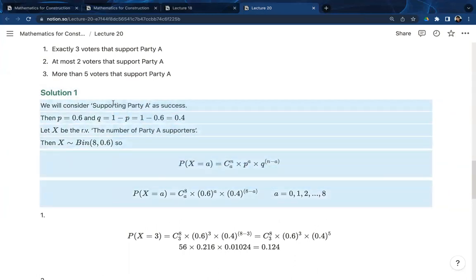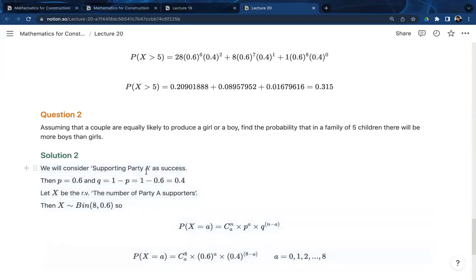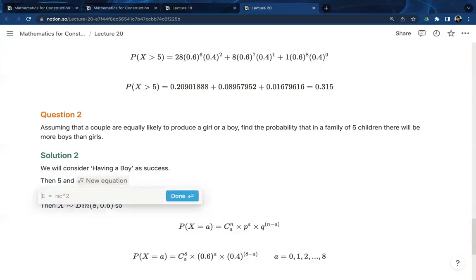You could steal all of this, right? So consider having a boy as success. P is 0.5 and then Q is 0.5, right?